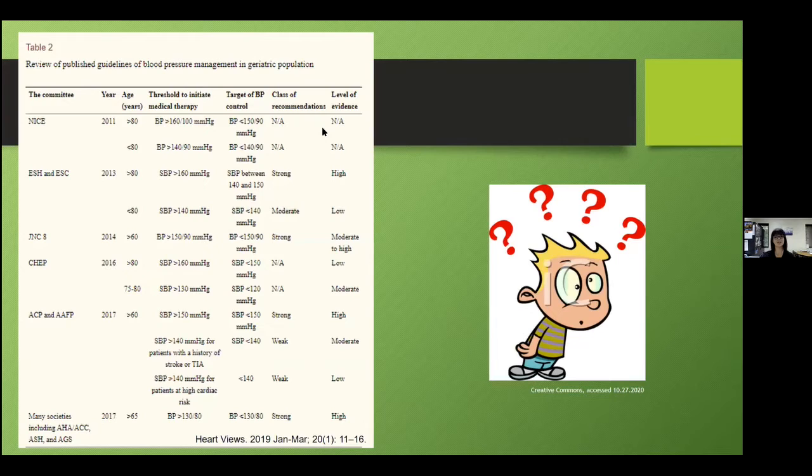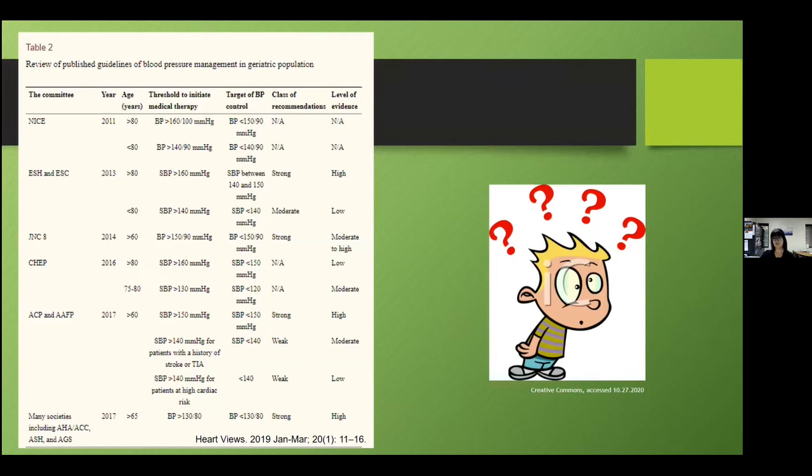What is our target for control? Also ranging from less than 120 in some groups to less than 150/140. What I would really argue is that it depends on your patient and your population and how robust a population you are interacting with.